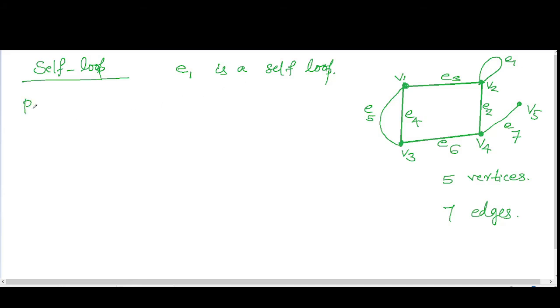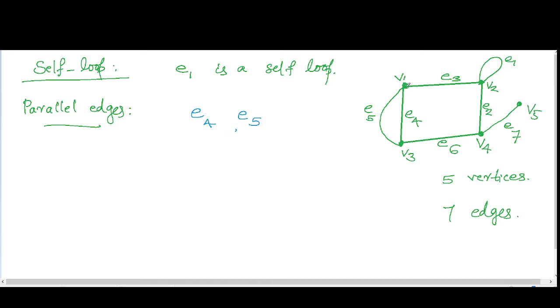Next is parallel edges. Now what is a parallel edge? More than one edge associated with a given pair of vertices are called parallel edges. So in this figure we can see the edge E4 and the edge E5.